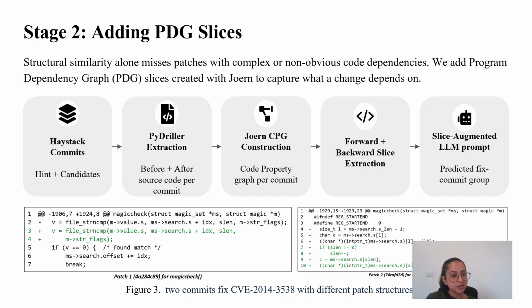So the entire source code for each commit is extracted, then it's fed to Joern to construct a CPG graph for each commit. And then we get the forward and backward slice extraction from that CPG graph. And then we feed all of those slices into the LLM and incorporate it into the LLM's prompt to add that code dependency analysis aspect for the LLM to reason with.